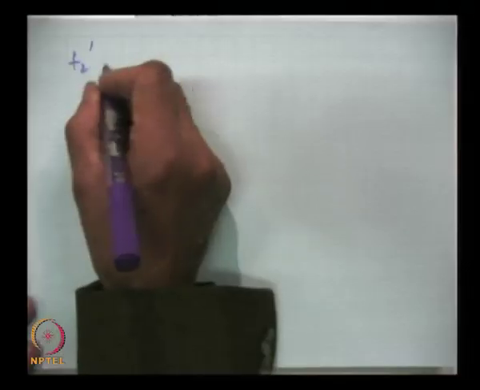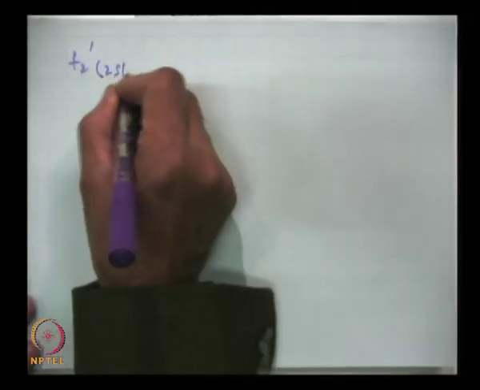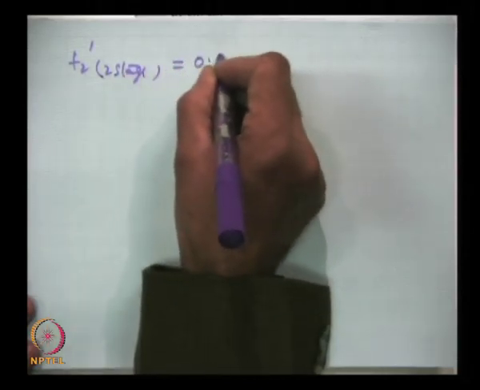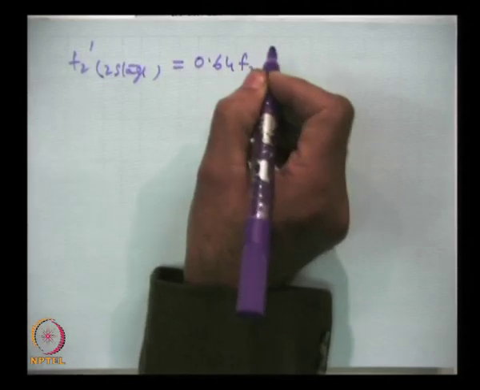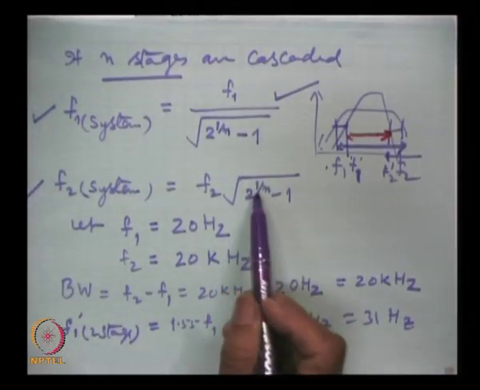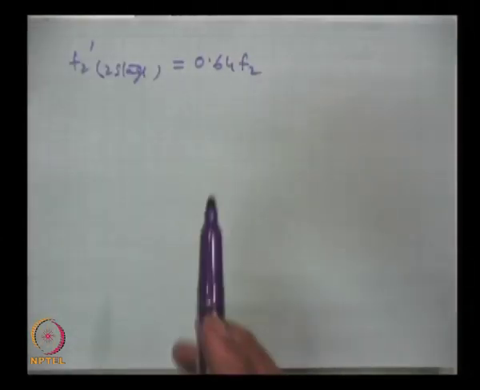And the upper cutoff f2 prime of the two stage amplifier is 0.64 f2 from this expression, 2 to the power half minus 1; when you solve it, it comes to 0.64.